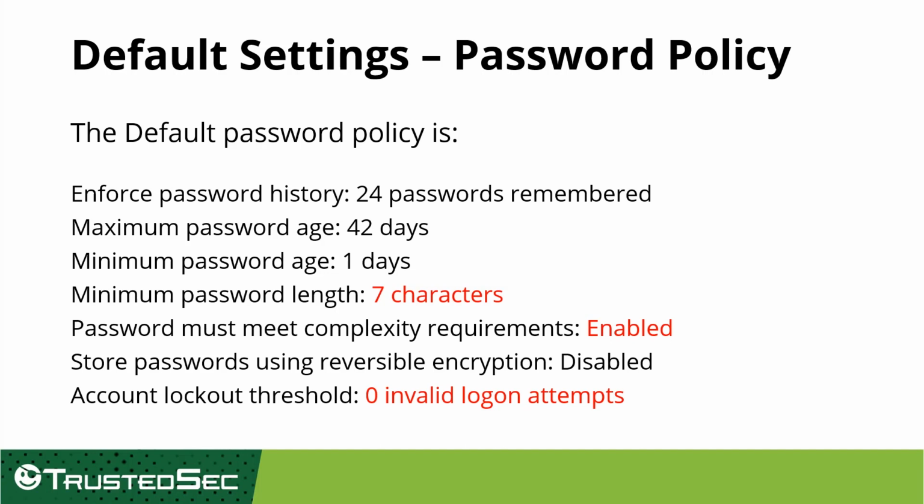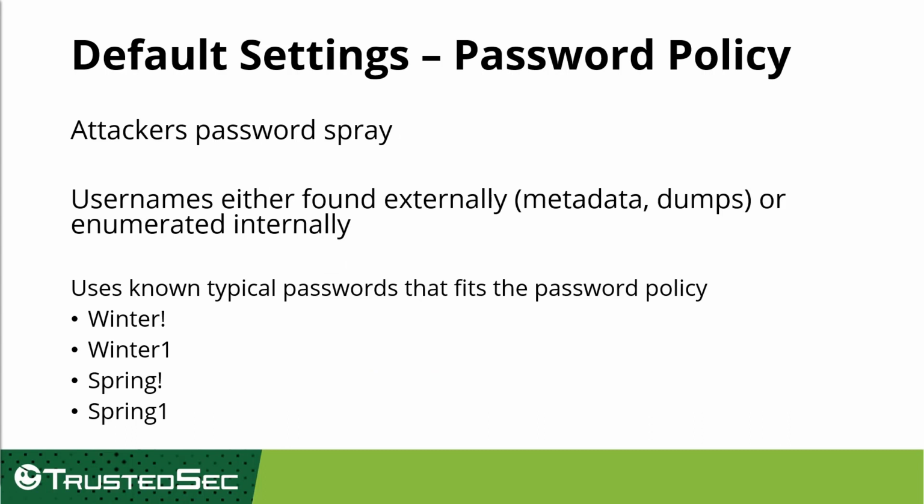And for attackers, that is really useful. So for instance, attackers can password spray all the accounts as many times as they want if the settings are set as the default. And in many cases they are. In many cases they are adjusted slightly, but some of the default settings are still there.